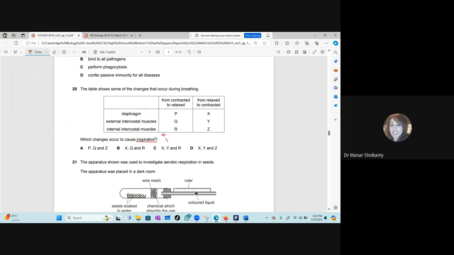So it's inhalation. Now, which muscles contract when we breathe in? Diaphragm. Yes, the diaphragm. And what is its best friend? External. Internal. Yes, you're correct. So the diaphragm and the external will contract because we're breathing in. So I'll give you a second or two to figure out the answer.